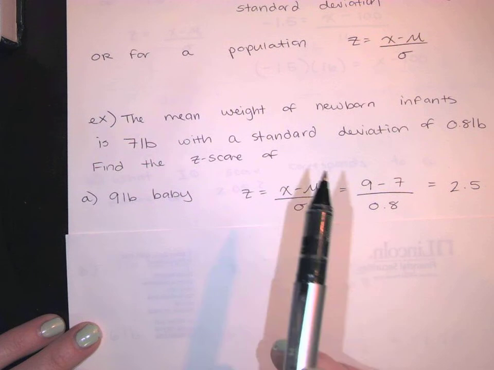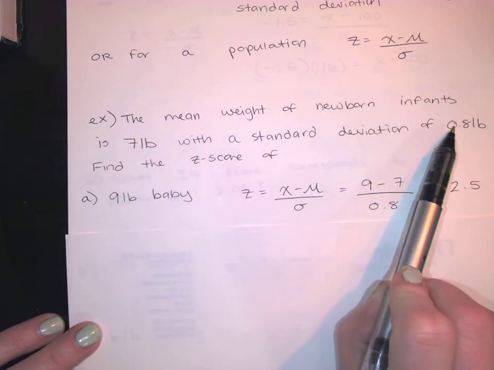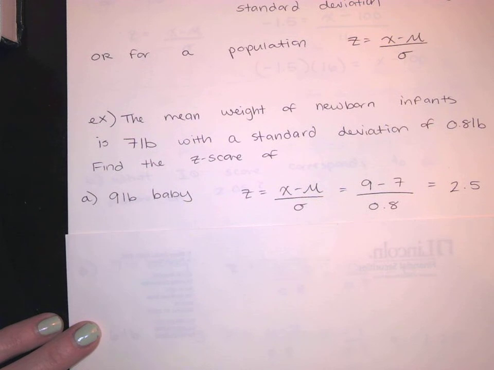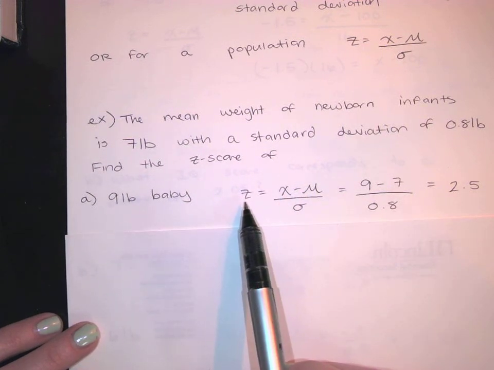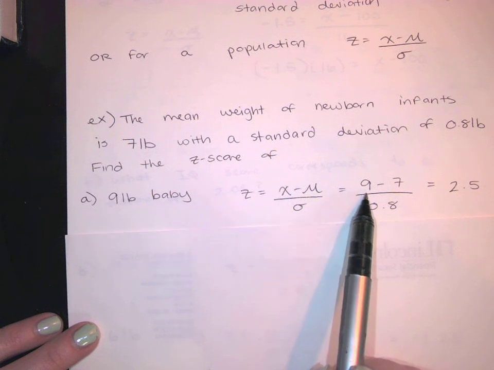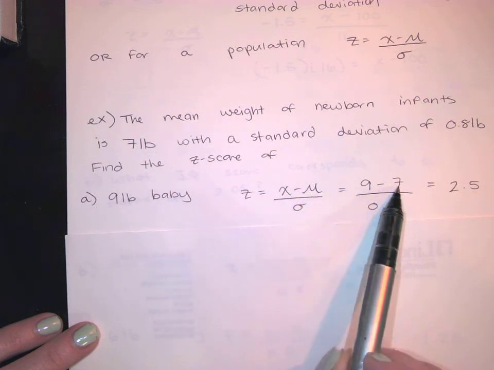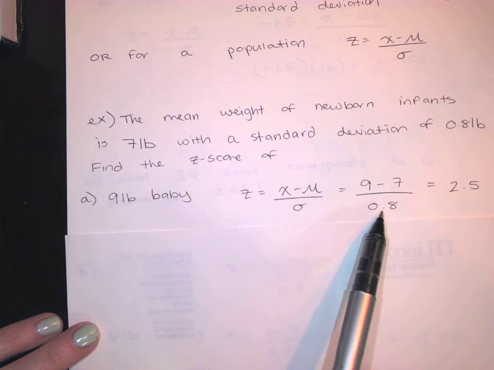Using our formula above, assuming that this 7 and 0.8 are values for the population, all the newborn babies in a certain time period, the z-score for a 9-pound baby will be the value of the item x, which is 9, minus the mean, which is 7, divided by the standard deviation, which is 0.8.